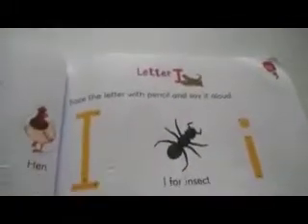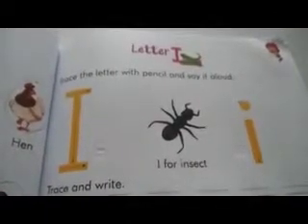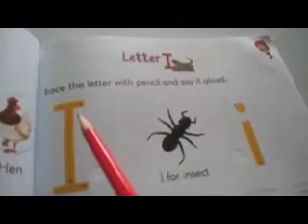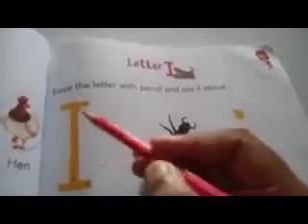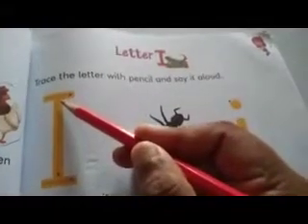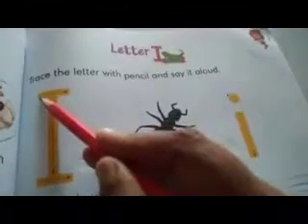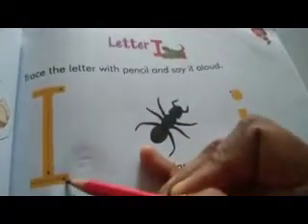So over here we are going to start practicing letter I. So as I told you all, children, how we are going to write uppercase I, that is capital I. First you have to draw one standing line, and then at the top draw one sleeping line, and at the bottom one more sleeping line.